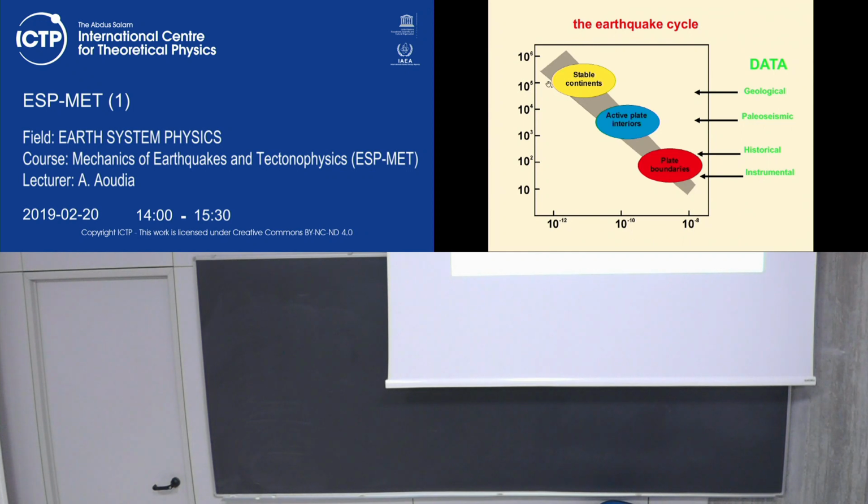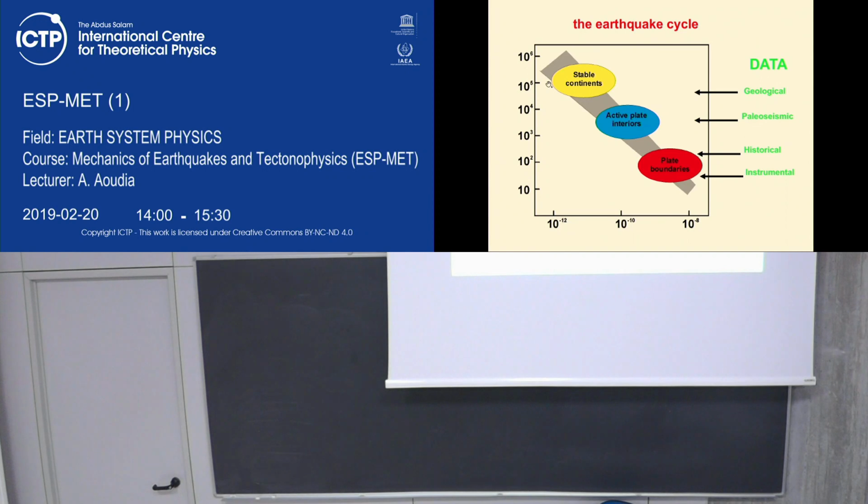These are really fast regions that are straining fast, and the recurrence intervals on faults are within the reach of 100 years. I mean, there are faults that could be reactivated in a 100-year time span. Look at California, look at big subduction regions, look at the Himalayas, okay? And then you have in between active plate interiors.